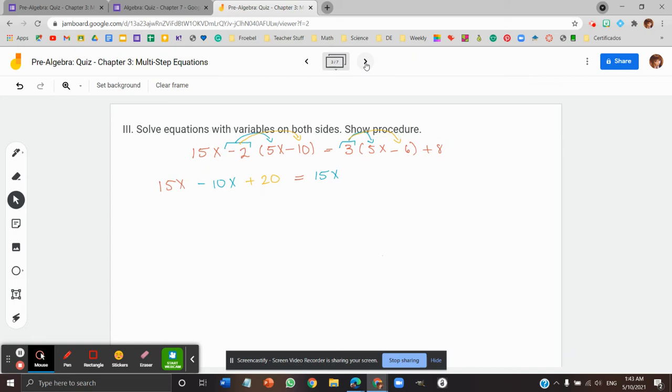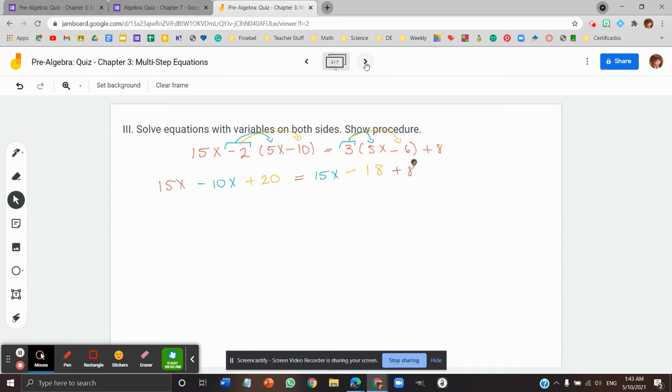I have a positive number times a negative number. Therefore, my answer is going to be negative. 3 times 6 is 18. So it's going to be negative 18. That's an ugly 8. Give me a second. There we go. And I'm going to leave the plus 8.